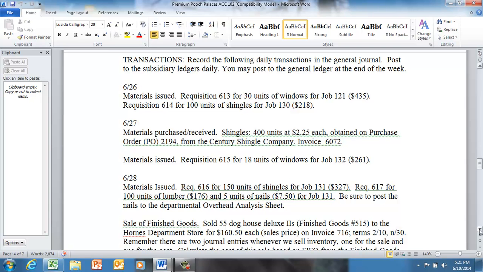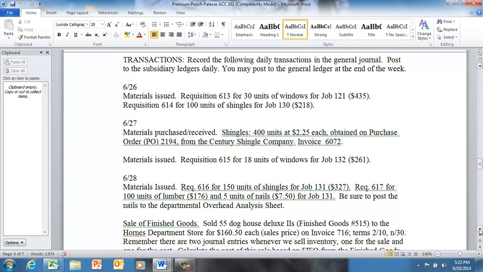The material storeroom manager gets together whatever is needed for that job and sends it to the factory floor. So requisition 613, somebody who was working on some dog houses needed 30 window panes for job number 121. And these 30 window panes cost us $435 worth of windows. And then requisition 614 is for 100 units of shingles for job 130. And that was $218 worth of shingles.